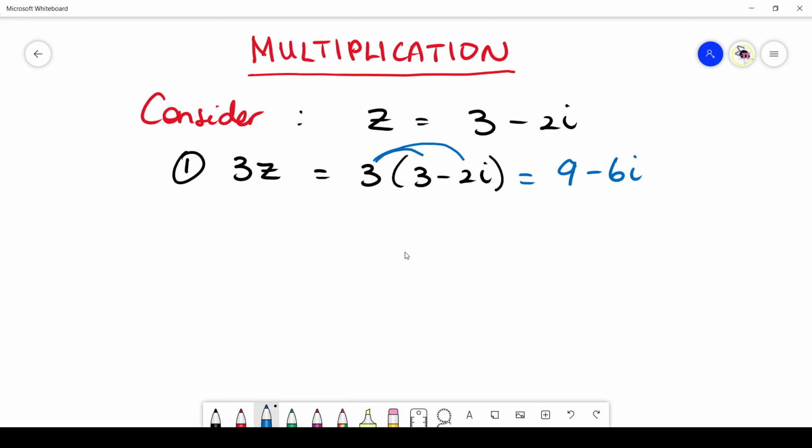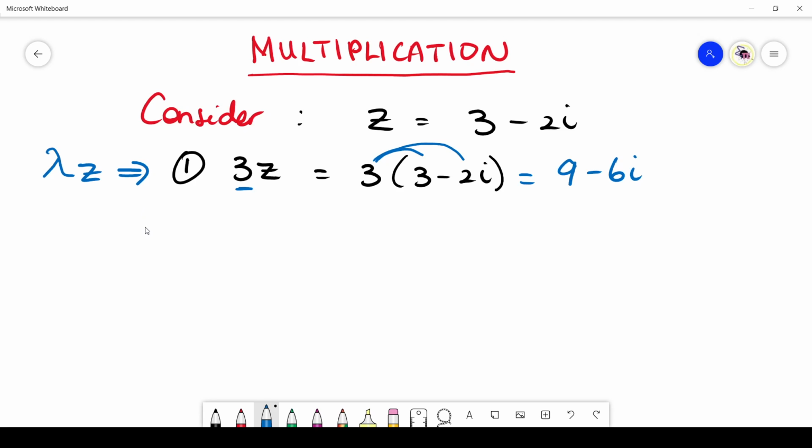Now, that's if you multiply a complex number by a real number, just a constant like this. You'll see it denoted a lot of the time as multiplying a complex number by some kind of constant called lambda, so lambda z. This is one of the first rules in multiplication of a complex number.